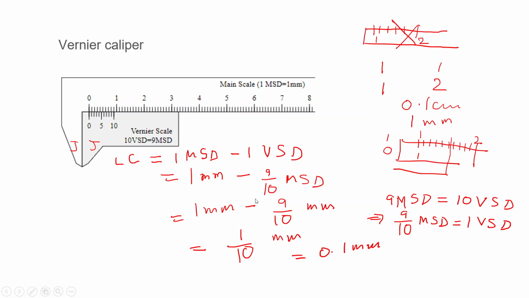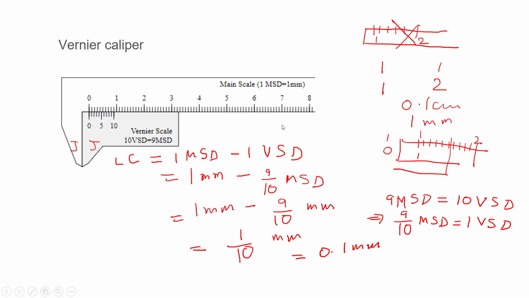So this way we have calculated the least count of a vernier caliper, which comes out to be 0.1 millimeter. With the usual 15 centimeter or meter scale that we have, which has this kind of scalings, we can only measure up to 1 millimeter. The least count is 1 millimeter, means 1, 2, 3 millimeter we can measure.